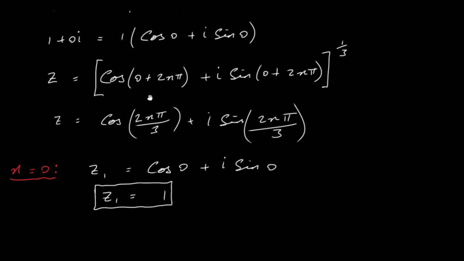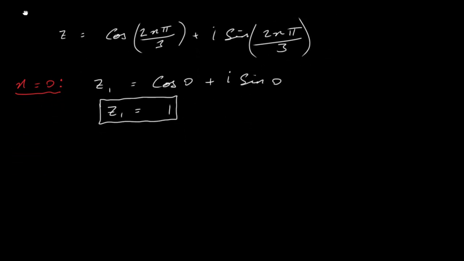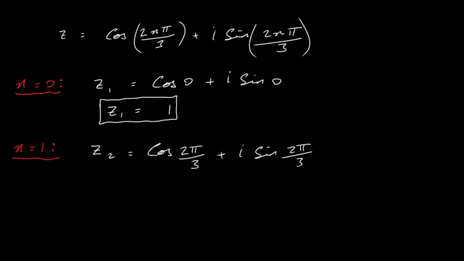Okay, so let's move on and look at the next n. So now we want to look at n is equal to 1. So if n is equal to 1 here, what we'll end up with is z2 is equal to the cosine of 2 pi over 3 plus i sine 2 pi over 3.